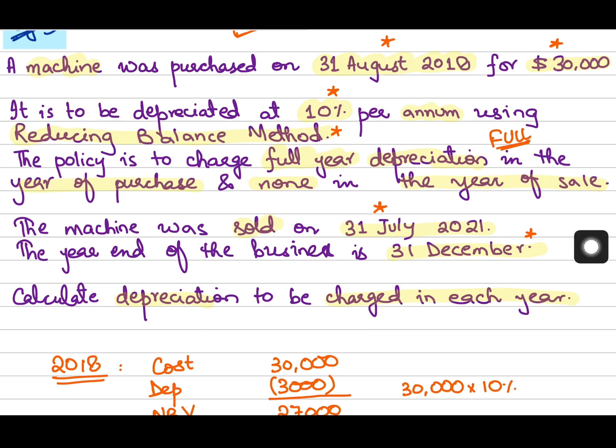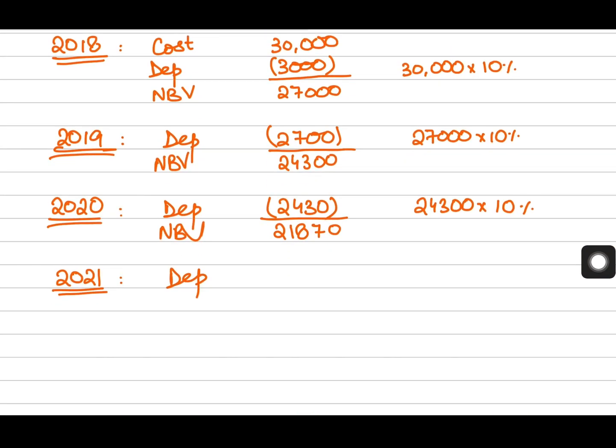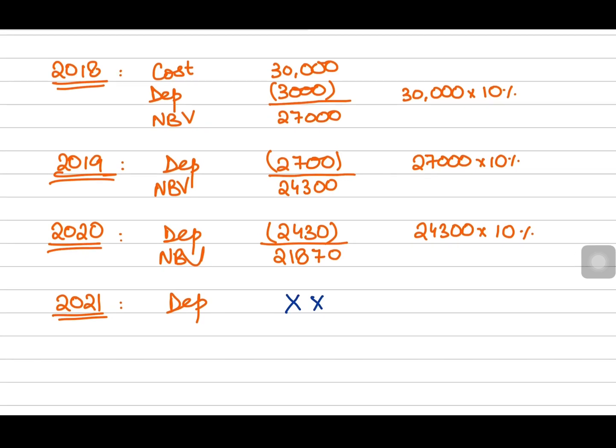No, I cannot, because the policy is again to charge full year depreciation in the year of purchase and no depreciation in the year of sale. So, even if this asset remained in the business for the first 7 months, there will still be no depreciation charge in the year of disposal, because I am following the full year policy of depreciation. Okay. So, this means that the accumulated depreciation on this asset would be $3,000 plus $2,700 plus $2,430.